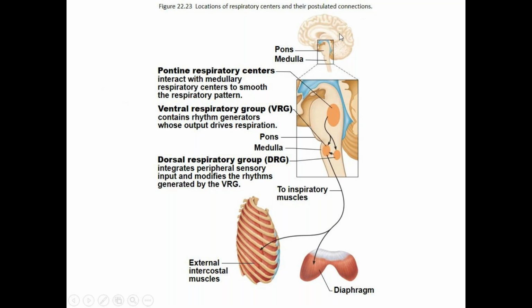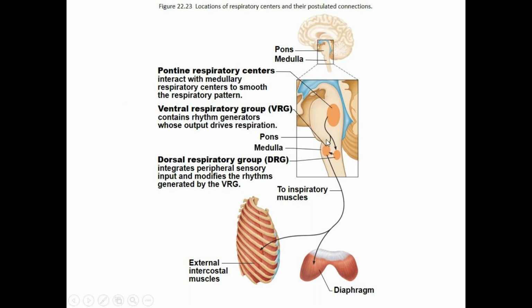So if we zoom in here on our brainstem, there are pontine receptors here, we'll talk about this in a second, but down here in the medulla, we have the DRG and the VRG. The VRG is going out directly to your respiratory muscles, but the DRG informs the activity of the VRG.